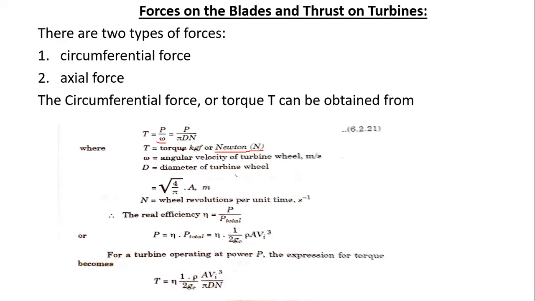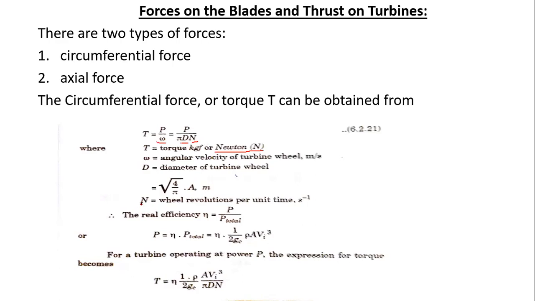Here d is the diameter of the wheel turbine, root of 4A by pi in meters, and n is the wheel revolutions per unit time, how many revolutions the wheel is rotating.